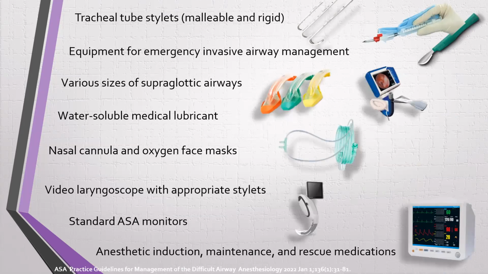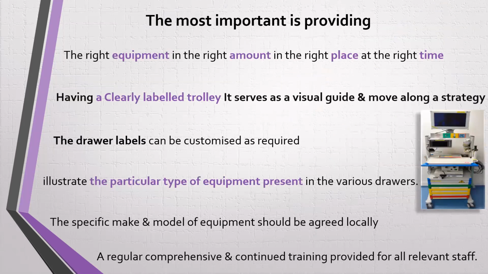Also, they added a tracheal tube stylet, malleable and rigid, equipment for emergency invasive airway management, and various sizes of supraglottic airway devices, including first, second, and even third generation devices. Also water-soluble medical lubricant, nasal cannula and oxygen face mask, video laryngoscopy with appropriate stylets, the minimum standard ASA monitors, and anesthetic induction agents, maintenance and rescue medication should be available in the cart.